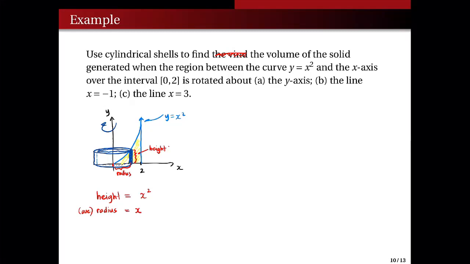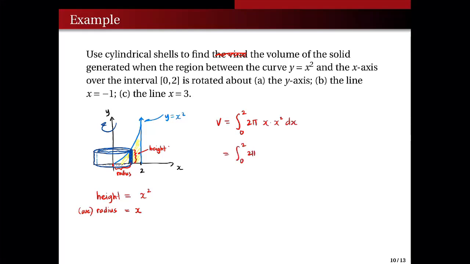This strip will move horizontally. So the leftmost is at this 0. The rightmost is at this 2. So volume is the integral from 0 to 2 of 2 pi times the radius, which is your x, times the height, which is your x squared, and then the dx.